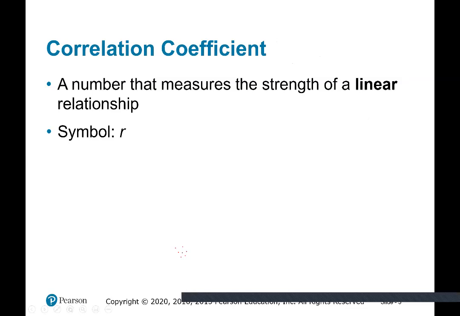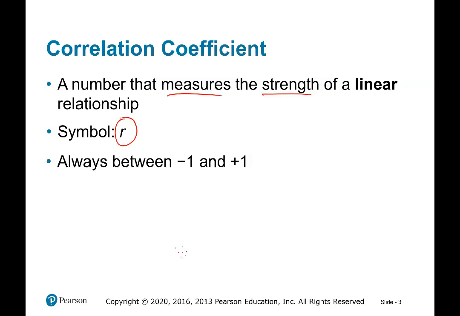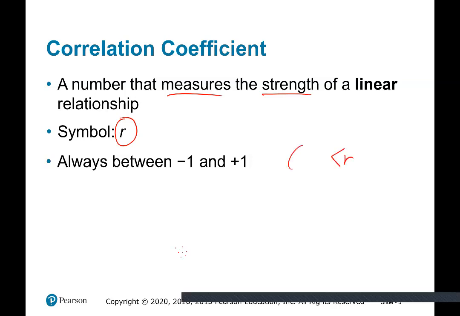So the correlation coefficient is a number that measures the strength of the linear relationship, and its symbol is R, as I stated on the previous page, and it is always between -1 and +1. So what does that mean? R has to be from -1 to +1. You cannot have an R equal to -2.